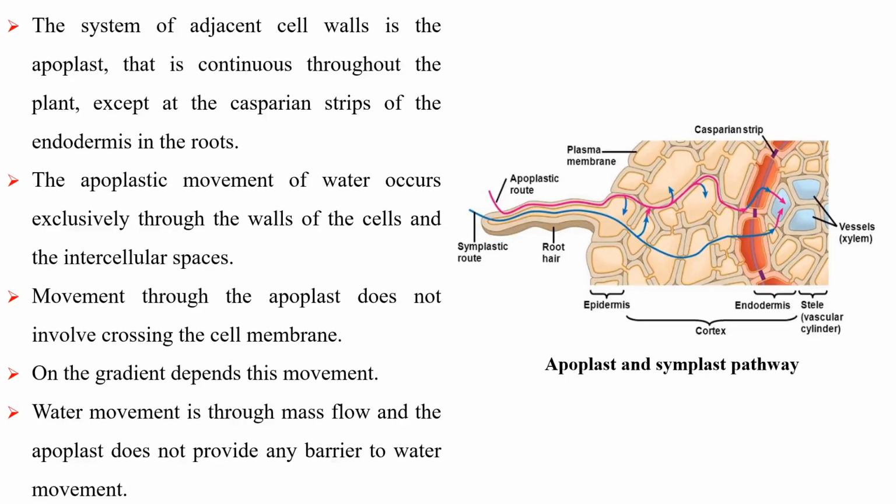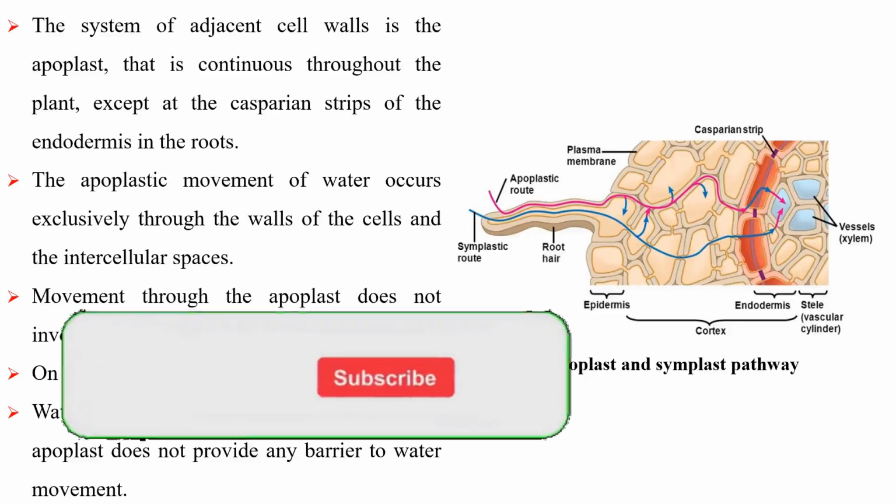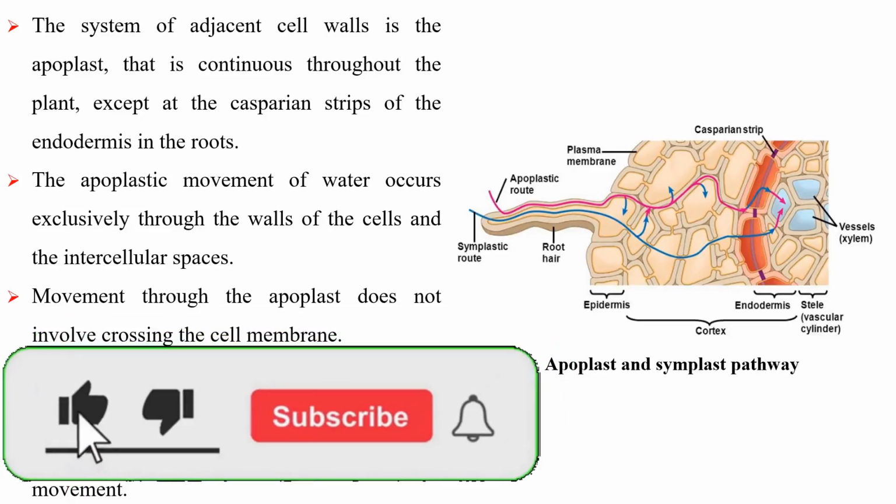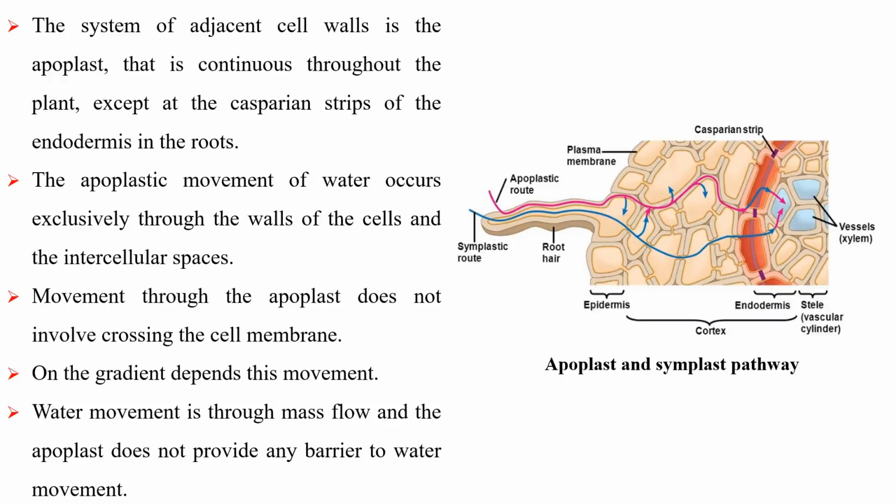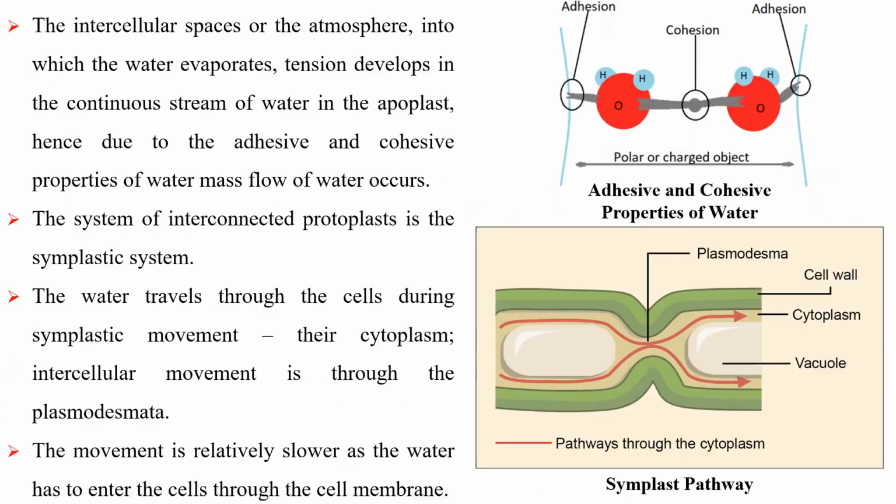This movement depends on the gradient. Water movement is through mass flow and the apoplast does not provide any barrier to water movement. Due to the evaporation of water into the intercellular spaces or the atmosphere, tension develops in the continuous stream of water in the apoplast. Hence, due to the adhesive and cohesive properties of water, mass flow of water occurs.